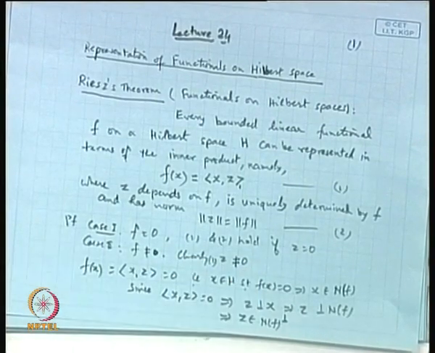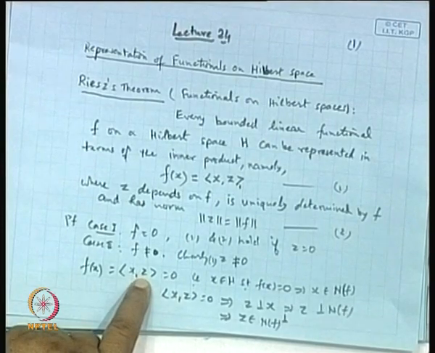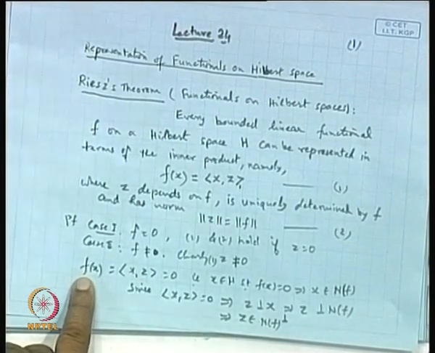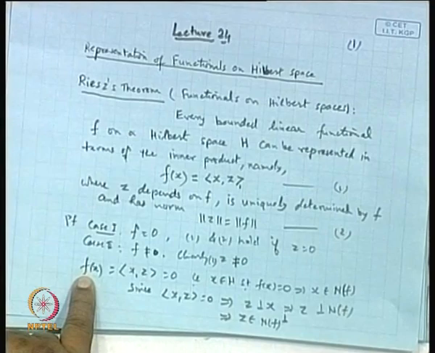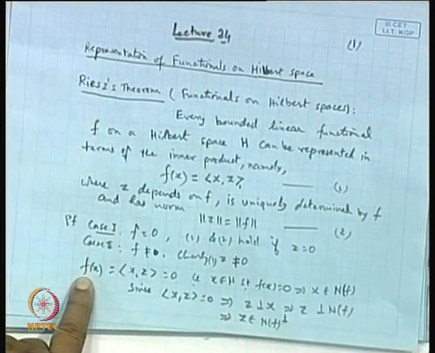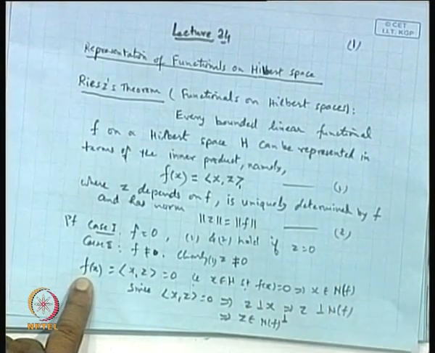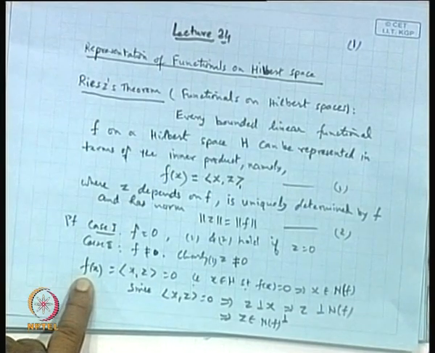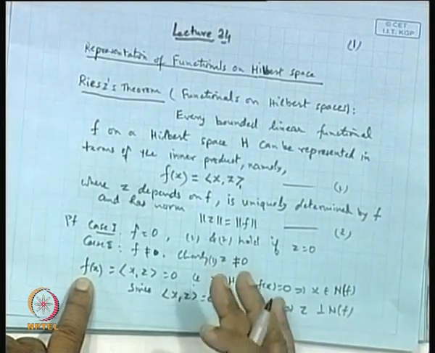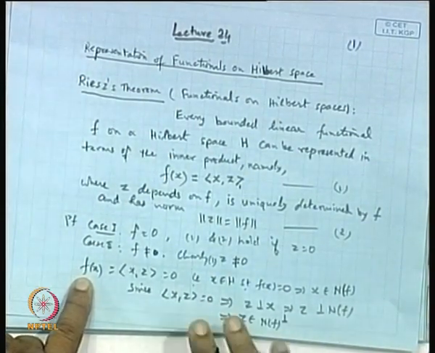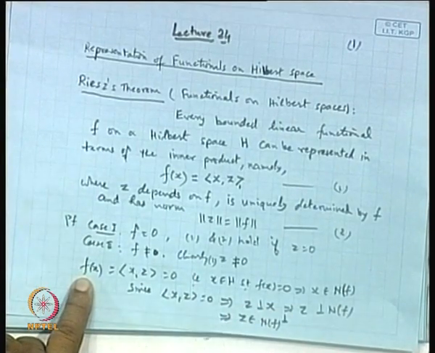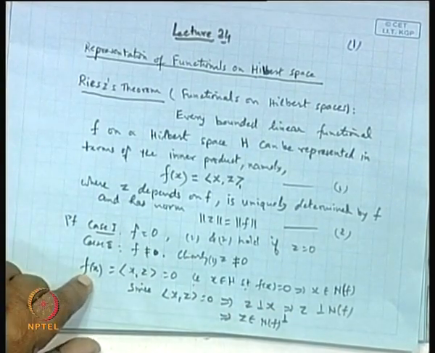Second, for non-zero z, we are breaking the entire H into two subspaces, one is N_f, another one is the N_f complement. So, both the null space as well as its orthogonal complement will be available for our use. Is it correct?